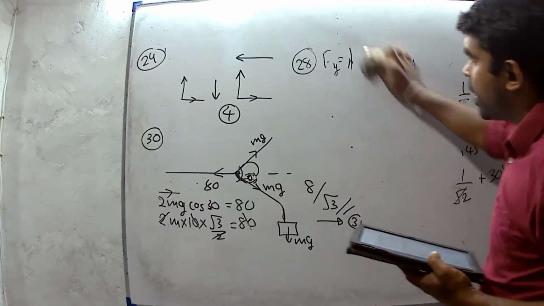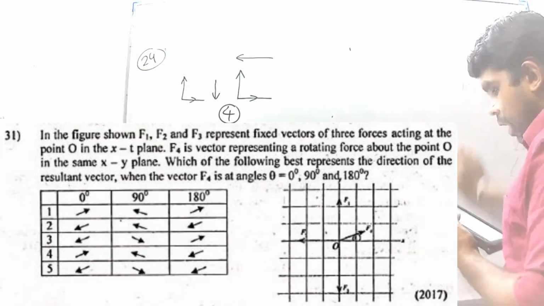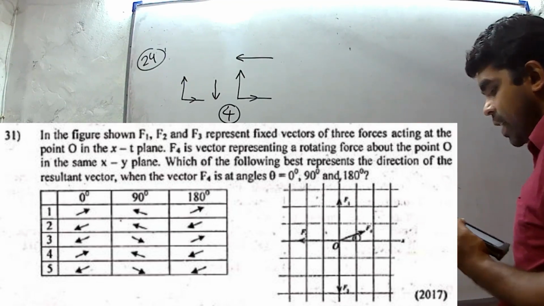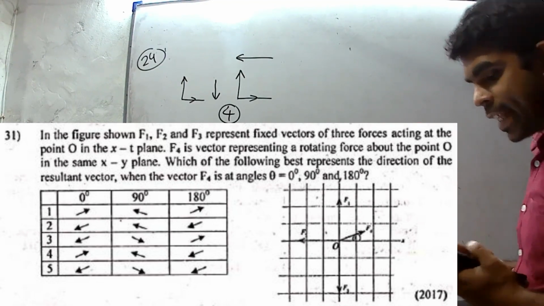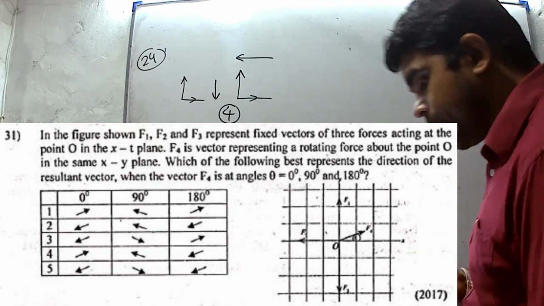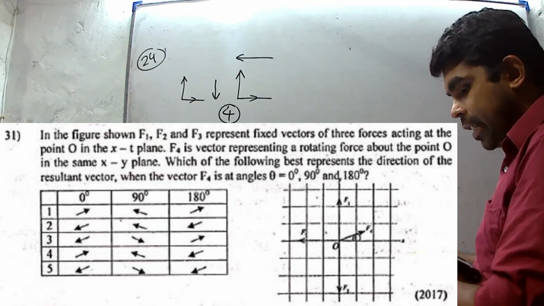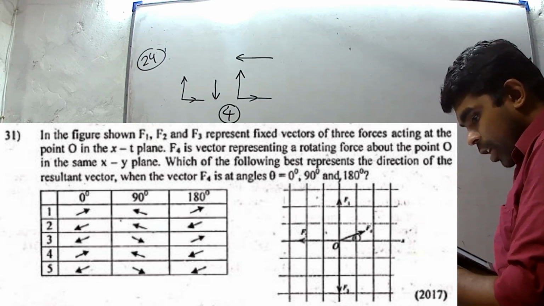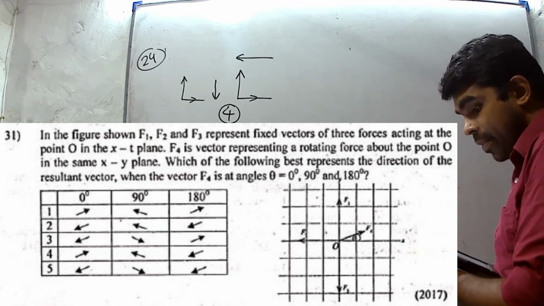Then question number 31. In the figure shown, F1, F2 and F3 represent fixed vectors of three forces acting at the point O in the xy plane.